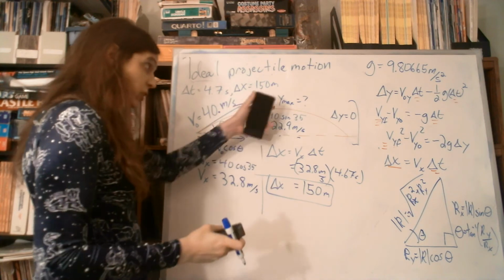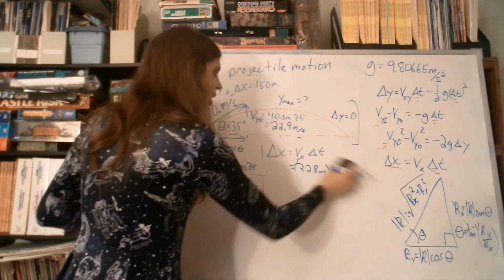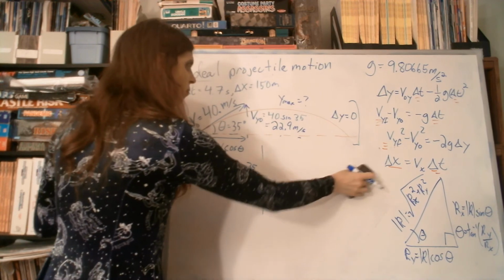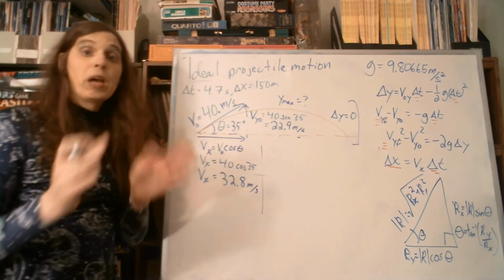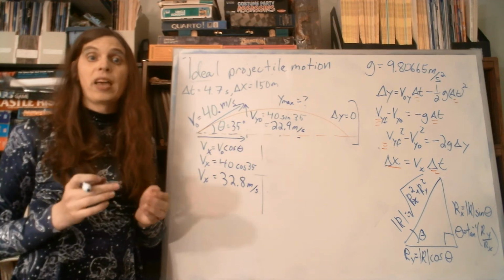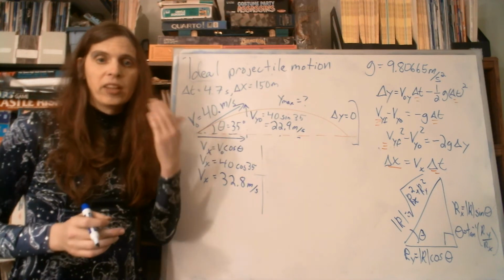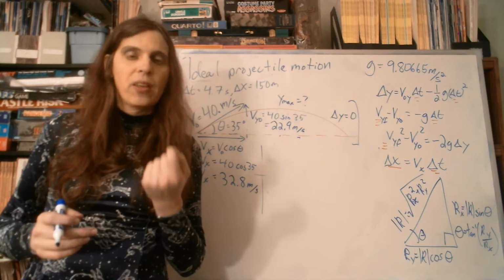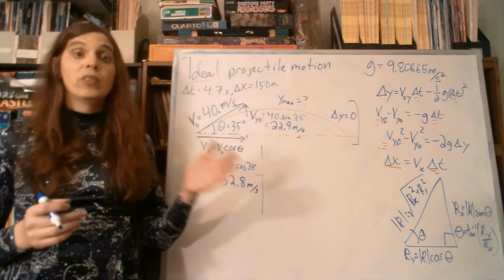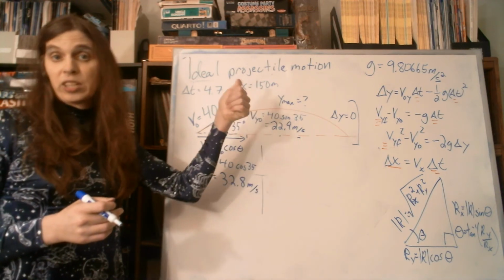And now we can look at y max. So we remember that when a thing reaches its maximum height, it's got to turn around to go back down. And so that means that the velocity in the up direction has to be 0.